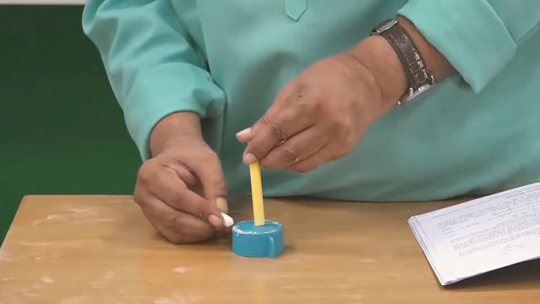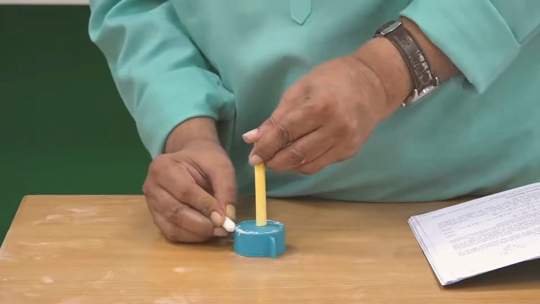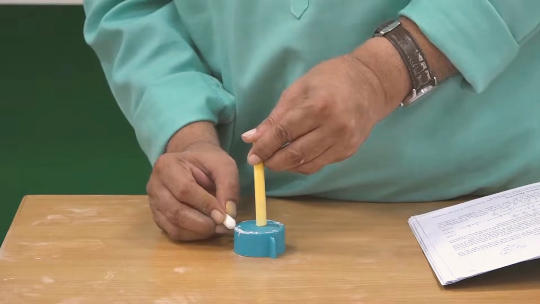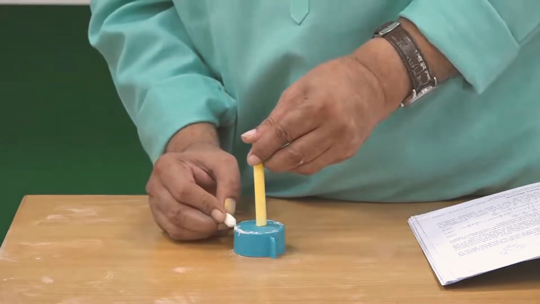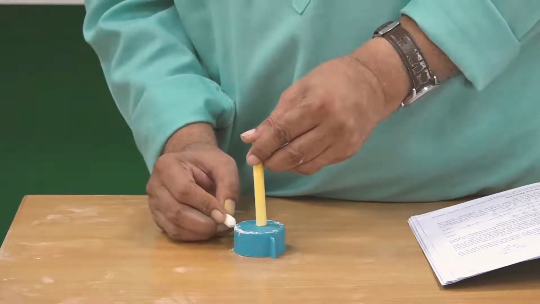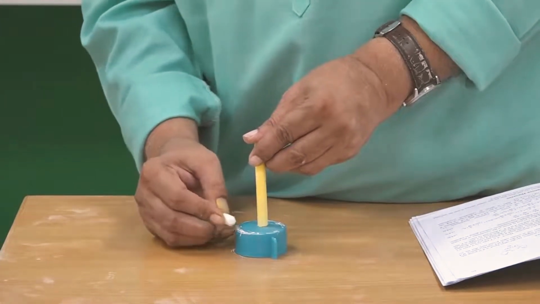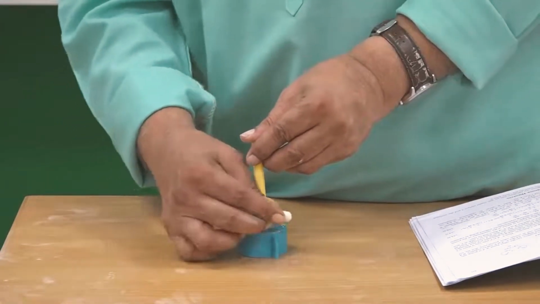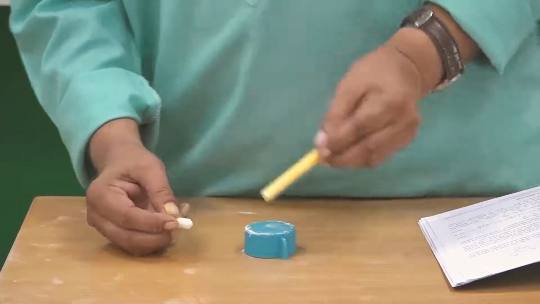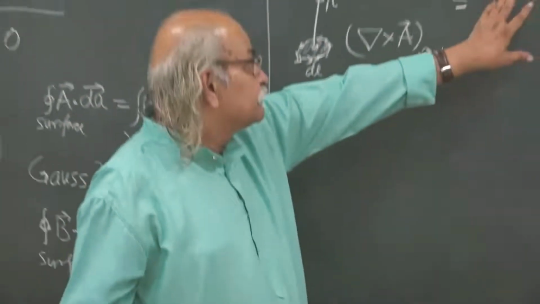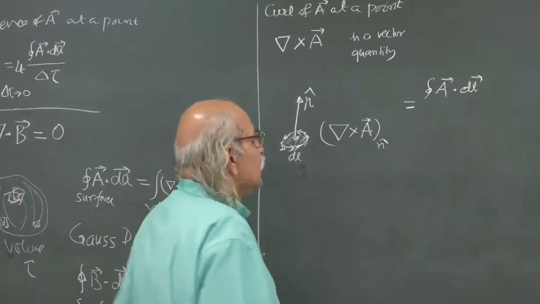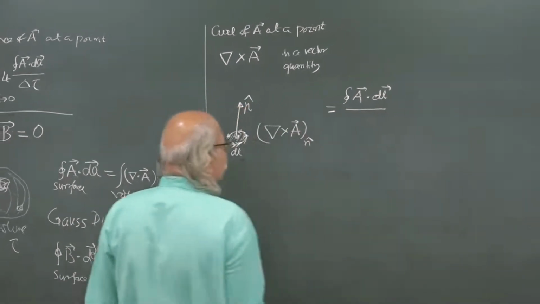And then at this point, this small vector in the direction of the tangent is dl, and here you ask what is the value of the vector A, and take the dot product A dot dl, and similarly at all the other points, and then you add all those things. So, you get this closed loop integral of A dot dl, and then divide by what?